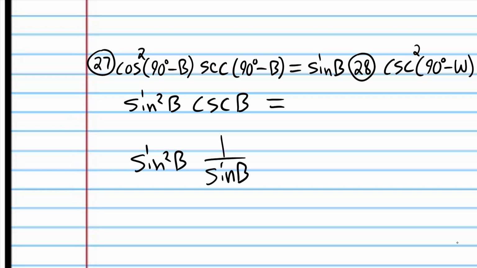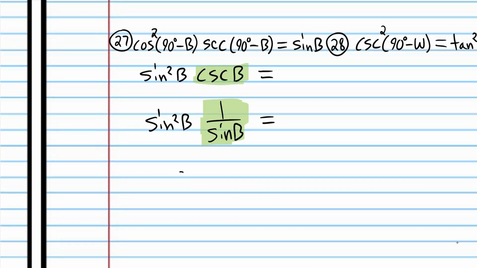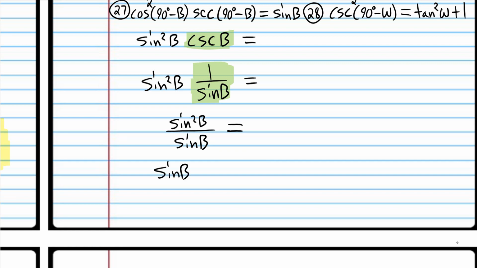So now we're going to use a reciprocal identity. So then we have sine squared B over sine B, and just to make things absolutely clear, you don't have to do this, but if we factor the numerator, you can see that one of those sine B's cancels out.